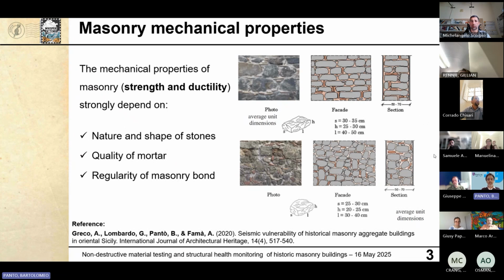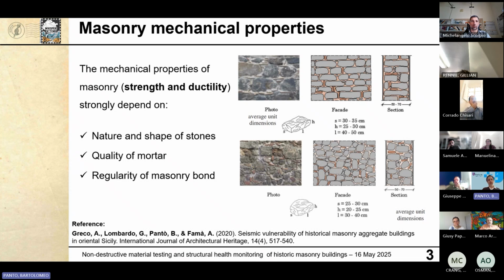Okay, so regarding the first brief introduction about masonry structures. When we look at the masonry material, and in particular the mechanical characteristics of the material, we need to bear in mind that they are strongly affected by the nature, the shape, and the regularity of two main components.